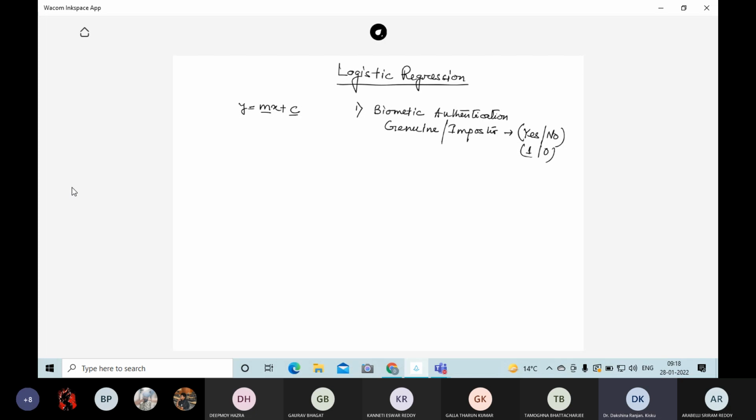Now if we consider the second problem, whether a mail is spam or not spam, then we can also infer this decision by yes or no. Or if we consider whether a tumor is malignant or benign, we can also infer this decision by yes or no, or some numerical value like 1 or 0.